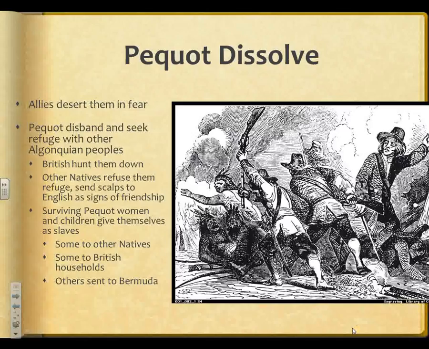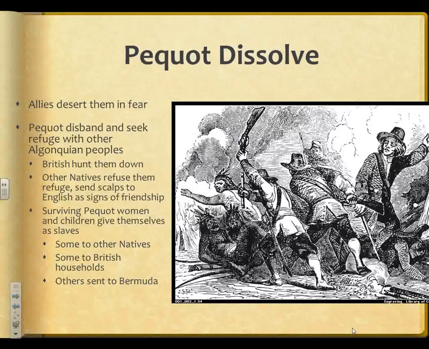They would murder the members of that tribe, they would raid that tribe, whatever it was. So the result of the story is that most of the Pequot either die of starvation or sell themselves as slaves to the English, because none of the other Native Americans will take them, because the English went a little bit crazy, taking revenge for the murder of this one guy.